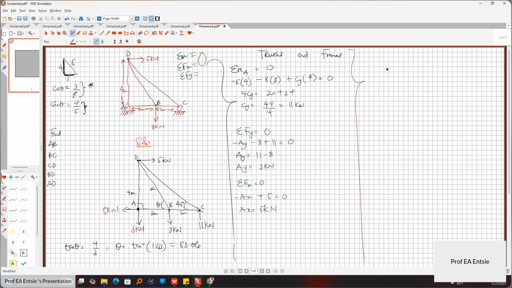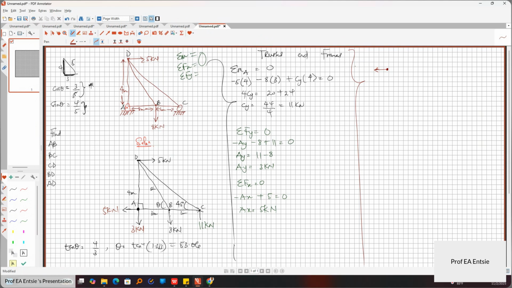AD is a member, AB is a member at A. When you come to B, AB is still a member, BD is now a member, BC is now a member. This force down here is not a member, it's just a force on the joint. Take note.